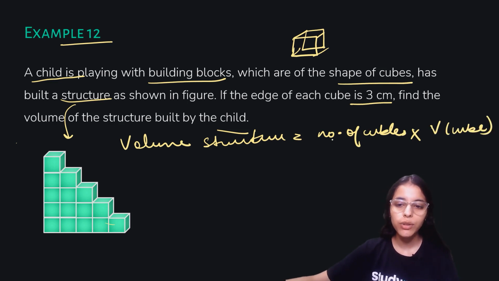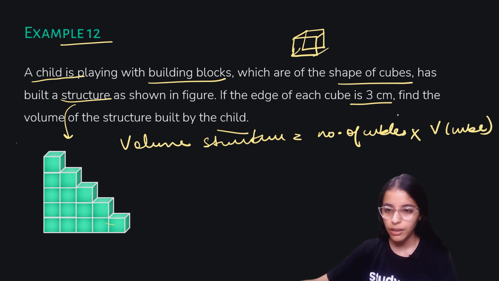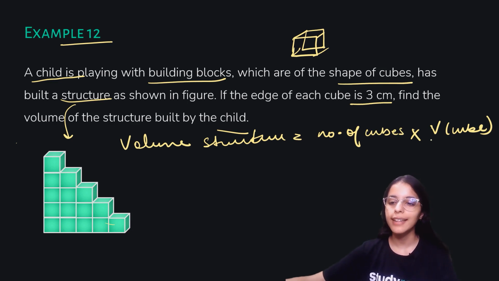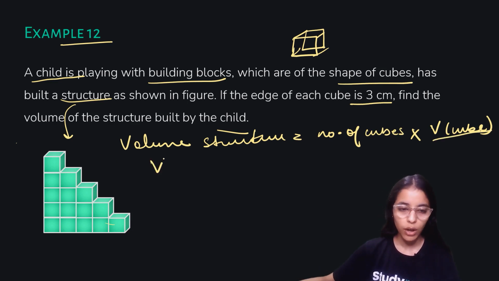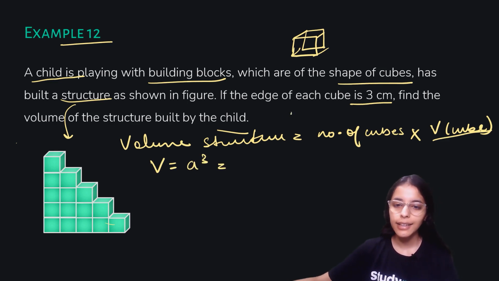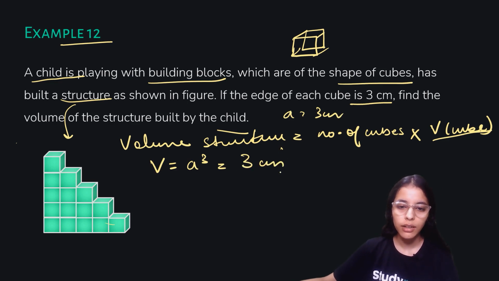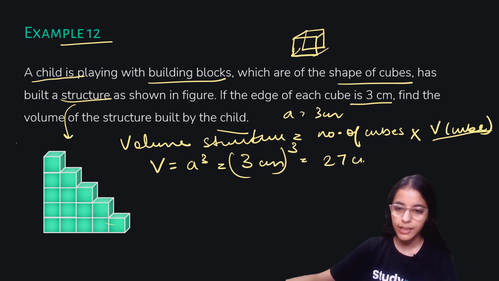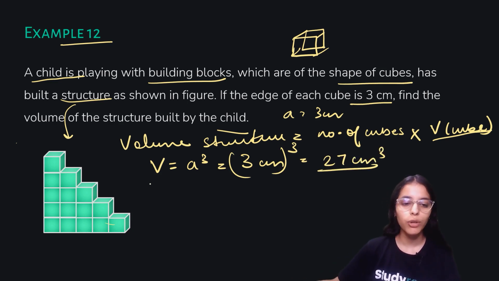So it will be equal to the total number of cubes times the volume of a single cube. Okay, so now we'll find out the volume of a single cube. Now volume of a single cube is a cube, and our a is 3 centimeter as it is given. So 3 centimeter cube, and we'll get our answer to be 27 centimeter cube. This is our volume of one cube.